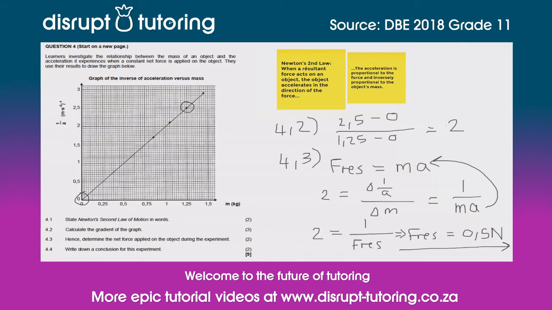So what we can say as a conclusion is that if the net force on an object is constant, and that can be seen by the gradient being constant, the acceleration, or rather 1 over a, which is the term that it's plotted against, is inversely proportional to the mass of an object. And we know that because this is a fraction of acceleration, rather than just acceleration itself.